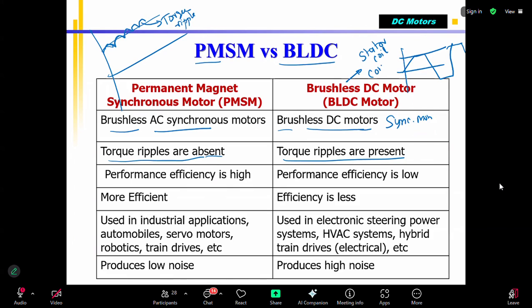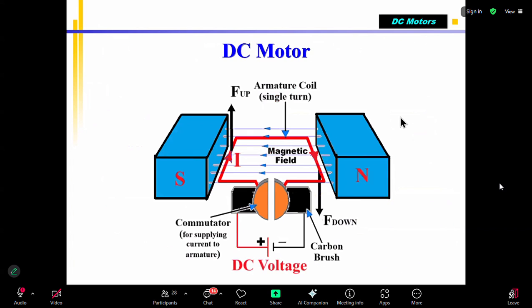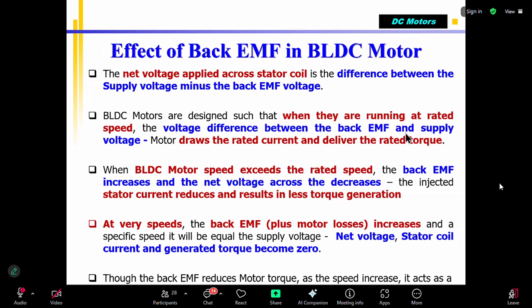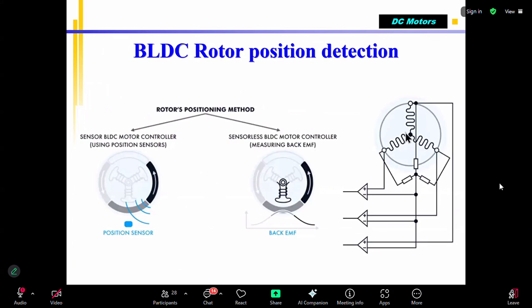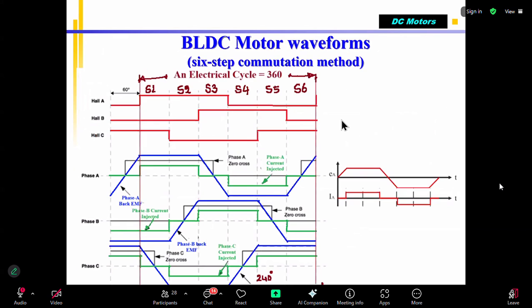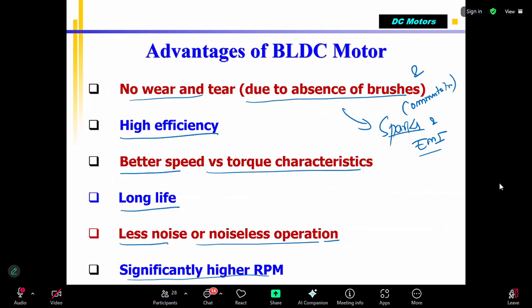Here it is concentrated, correct? Concentrated, wherever the coils are there, I already showed you. If you remember correctly, when we talked about synchronous motor, we talked about concentrated winding and distributed winding. In synchronous motor, we are using distributed winding. In the case of BLDC motor, we are using concentrated winding.